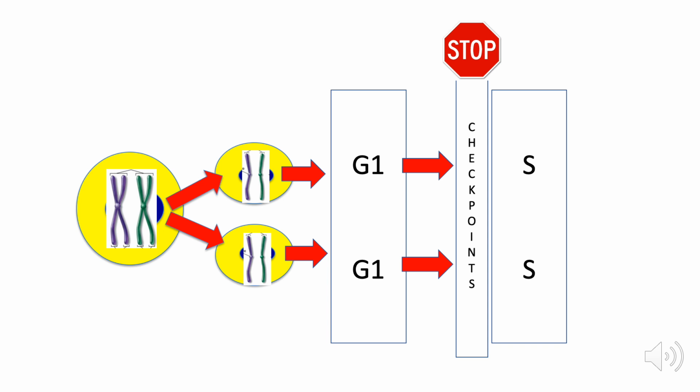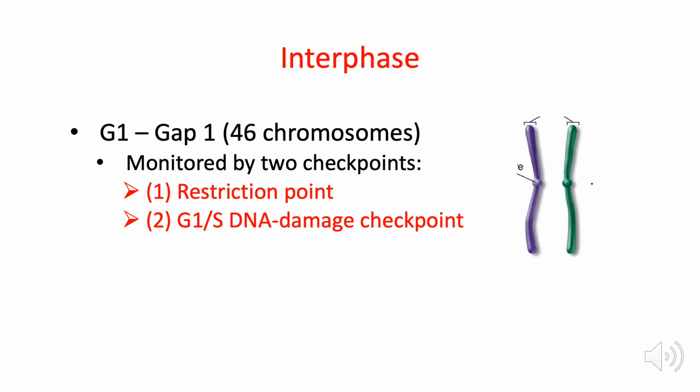They need to meet some requirements which will be checked by the checkpoints in the cell cycle. So what are the checkpoints present between the GAP1 phase or G1 phase and the S phase? These are the checkpoints: you have the restriction point and the G1 DNA damage checkpoint.